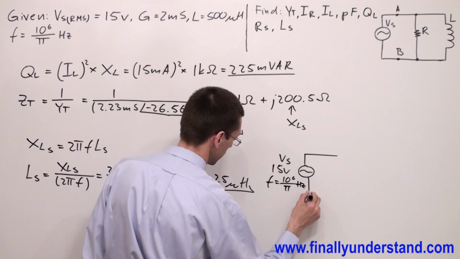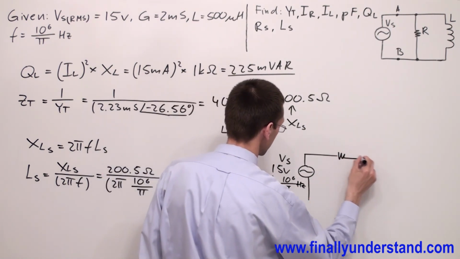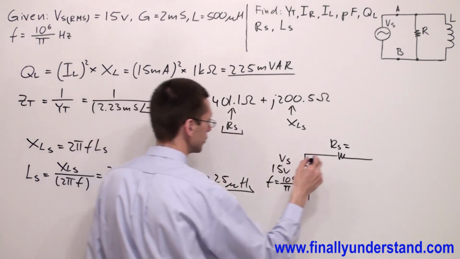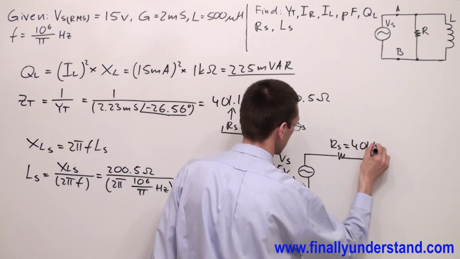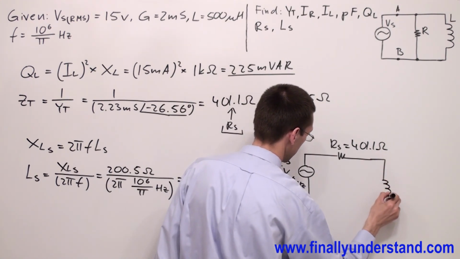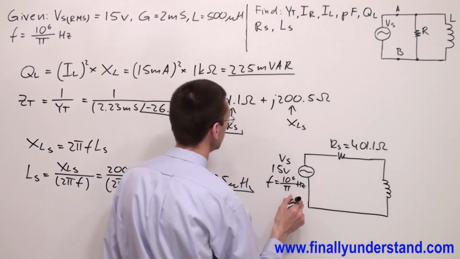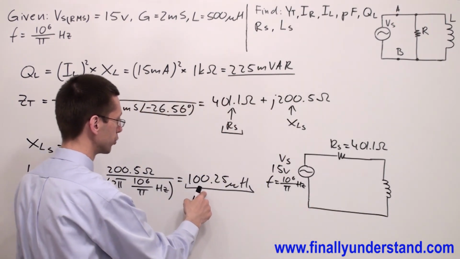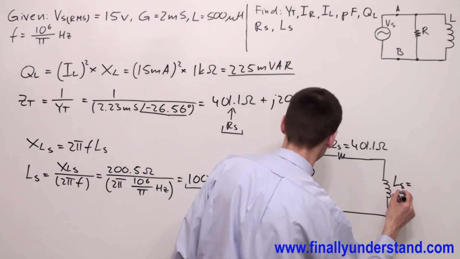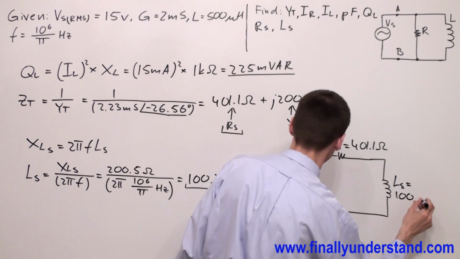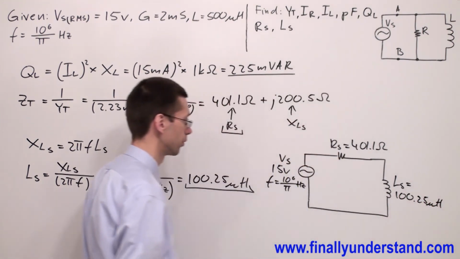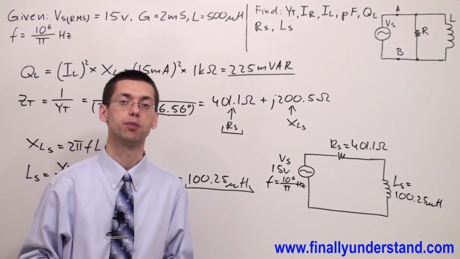I have a resistance Rs, which is equal to 401.1 ohms, and I have an inductor which has an inductance of 100.25 microhenries. Okay, so at this moment we can say that the problem is solved.